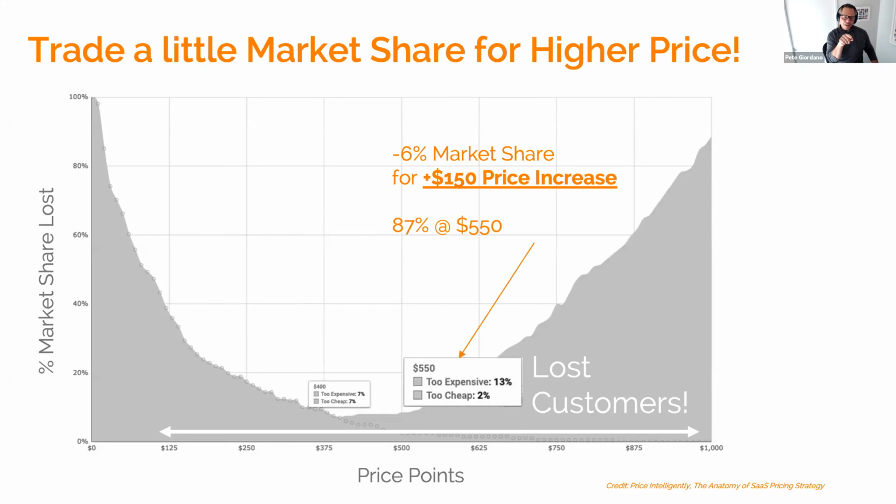And what we find out is that if we just raise price some, we might lose a little bit of market share from 93 to 87. So now only 87% of people will buy, but all 87% will buy at $550. So even though we knew the range was 280 to 670 or whatever, now through this other direct questioning, we're able to come up with a finer tuned range. And by looking at the data, we can start to see finer grain detail.